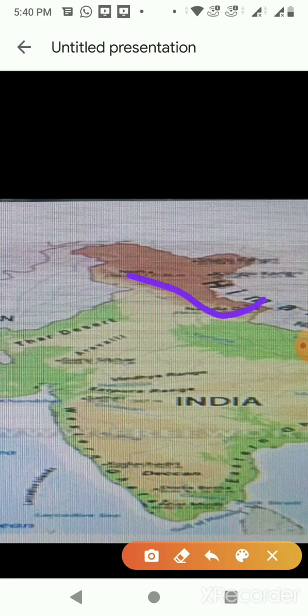Here is the image of a physical map of India. Children, here we have different colors, isn't it? So, brown color shows mountains. Yellow color shows the plateaus.